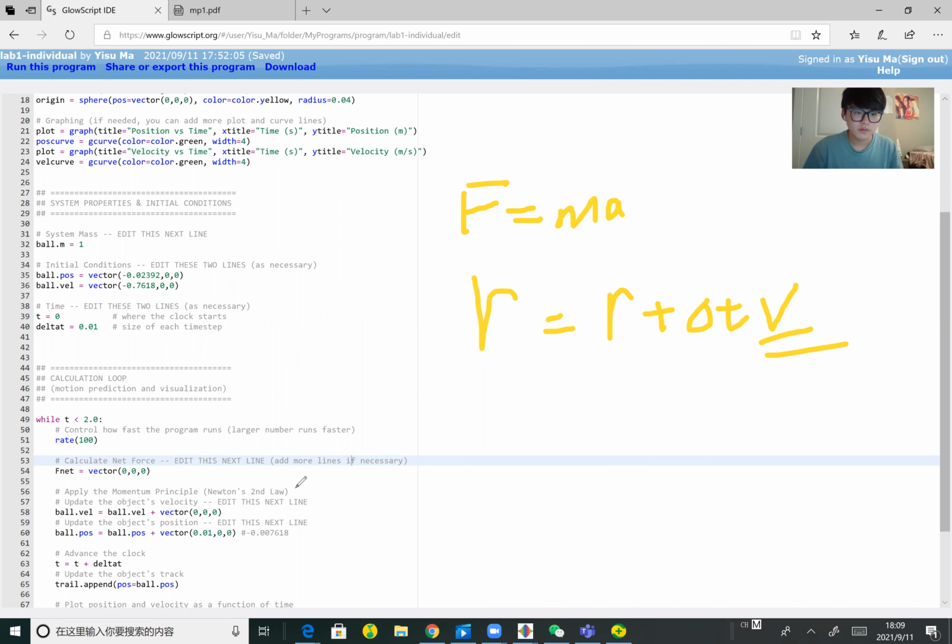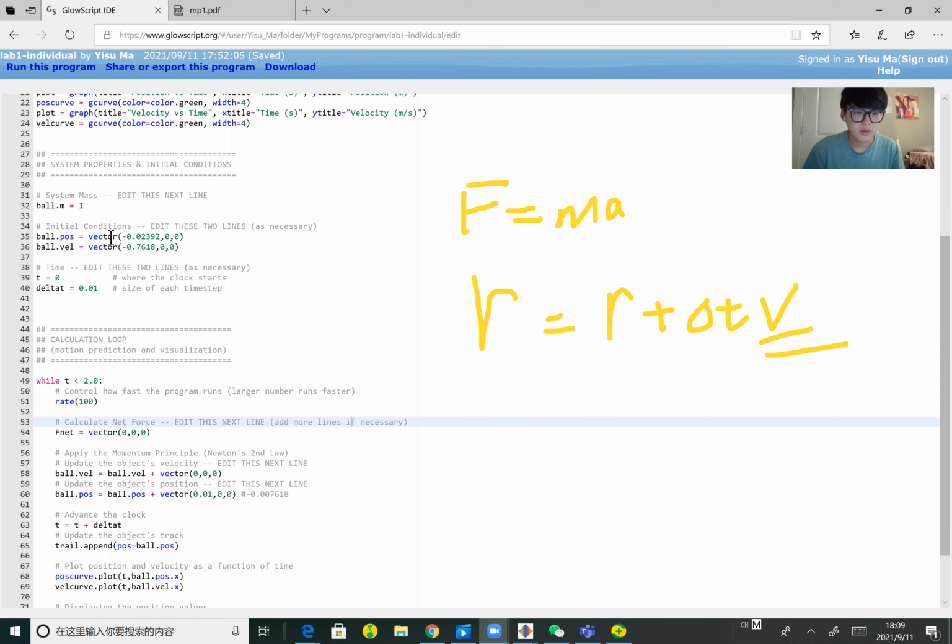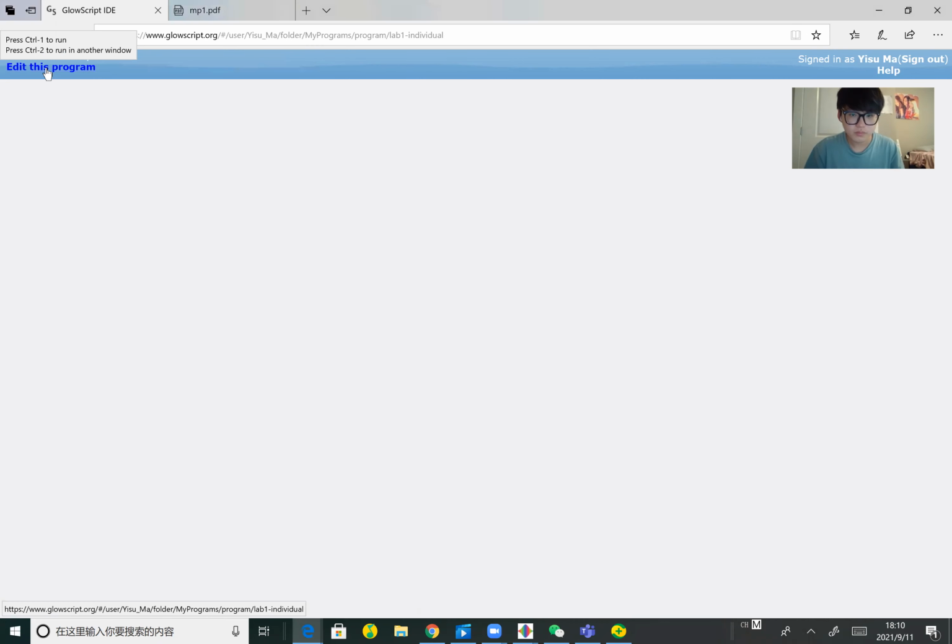Therefore, for our computational model, I simply set our initial position vector and velocity vector, and I set here our coefficient as 0.01 in the x-axis, and let's run this program.